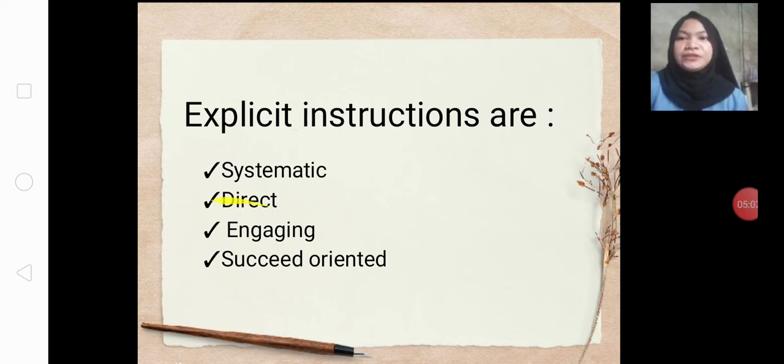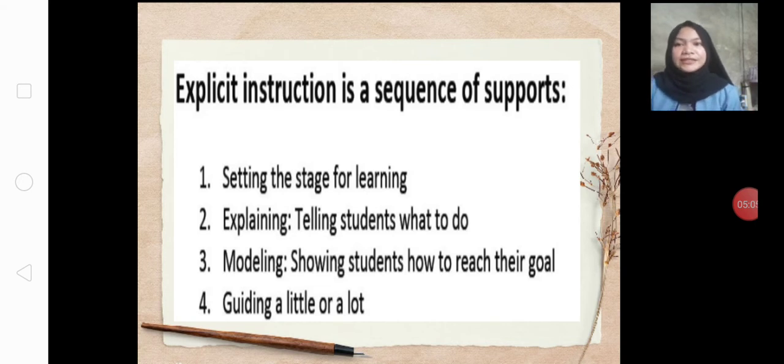Okay, so we have here that explicit instruction is a sequence of supports. These strategies focus on supporting your students. We have here setting the stage for learning, explaining, modeling, and guiding a little or a lot. Setting the stage for learning: from the word itself, kumbaga, ikaw yung mangunguna as a teacher.